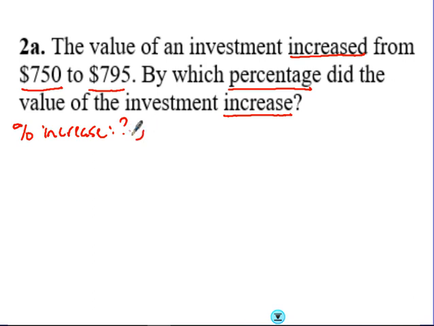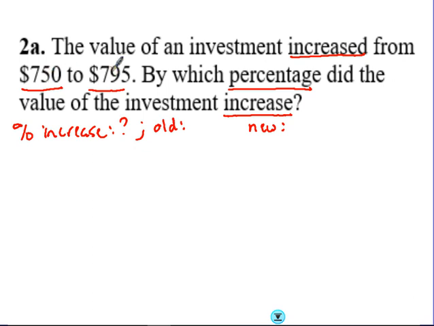And in order to find an increase, I also always need an old value and the new value. So I look back and ask, can I figure out what the old value is and the new value is? Because it's an increase, since the prices are going up, I should expect that the old value will be smaller than the new value.